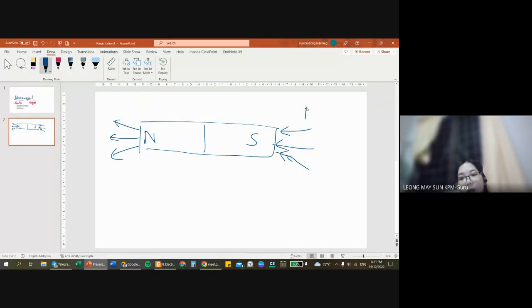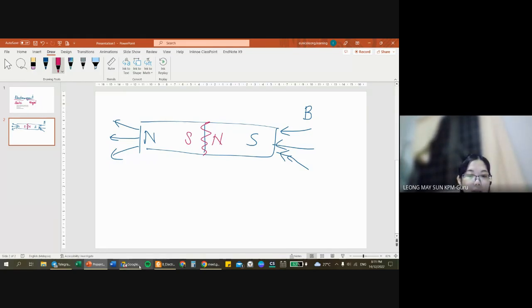The symbol for magnetic field in physics is capital B, whereas electric field is capital E. If you break a permanent magnet into half, it will automatically generate a north and south pole, even though it has been broken. So magnets will always exist in pairs of north pole and south pole.